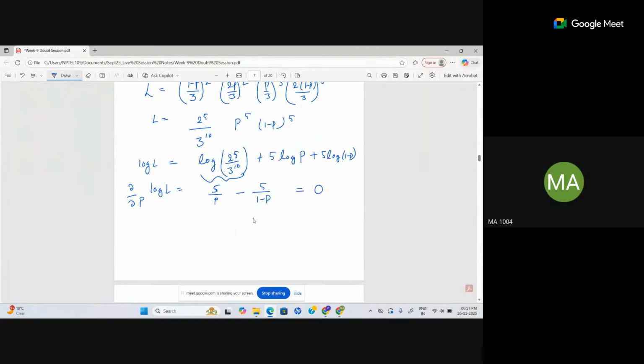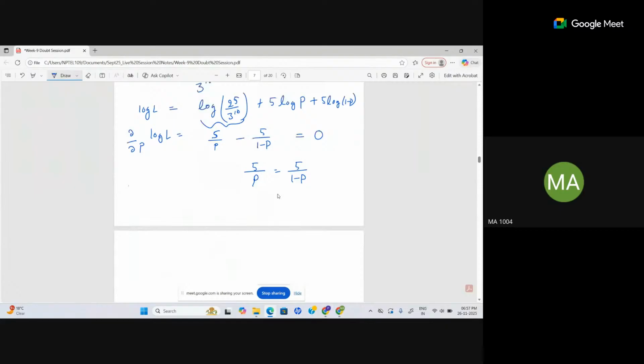So 5 divided by p is equal to 5 divided by (1 minus p). So from here, 2p equals 1, so p will be equal to 1 by 2, which is 0.5. Okay, is it clear to you now?